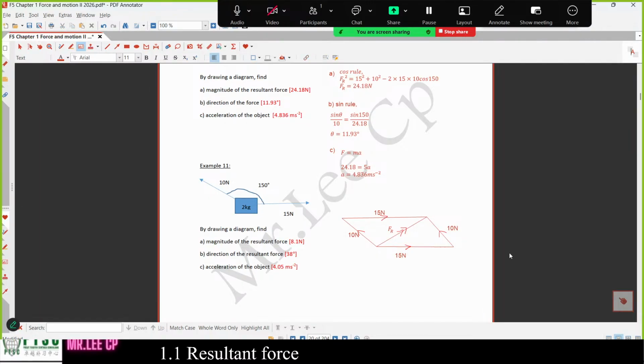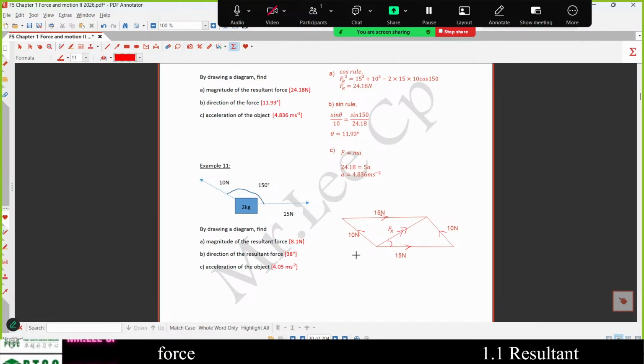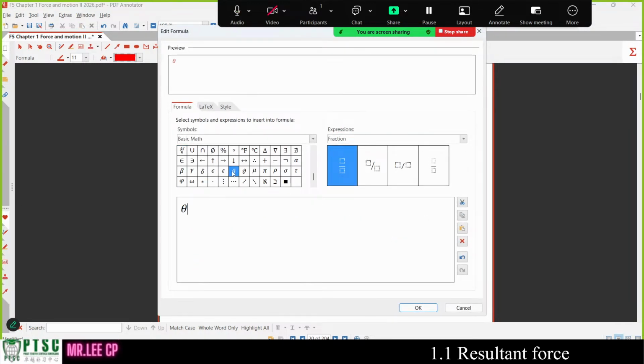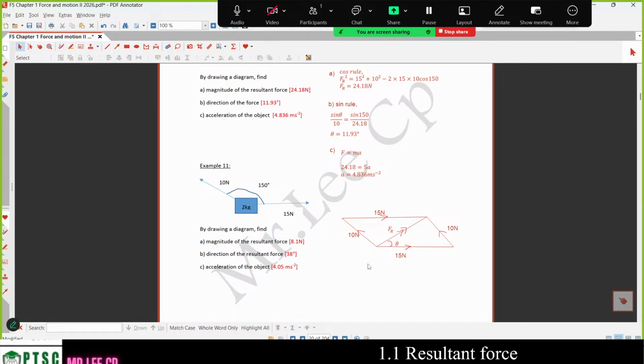I've drawn it already. Now later I want to have this angle, which I name theta. First of all, find the magnitude of the force. I want this force, how much?